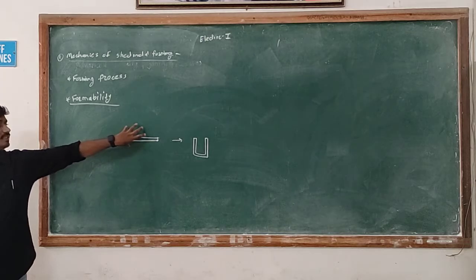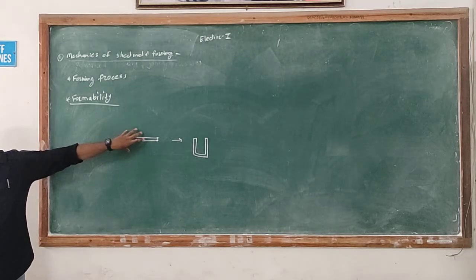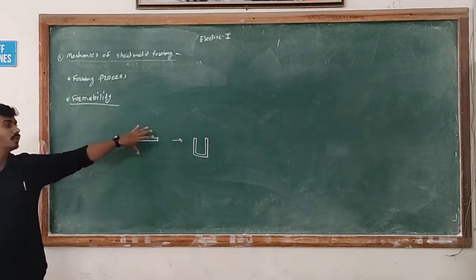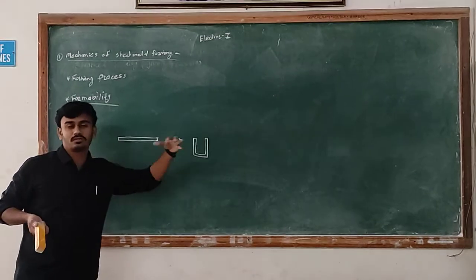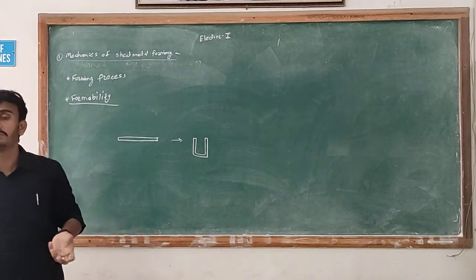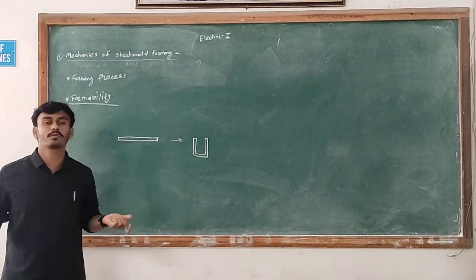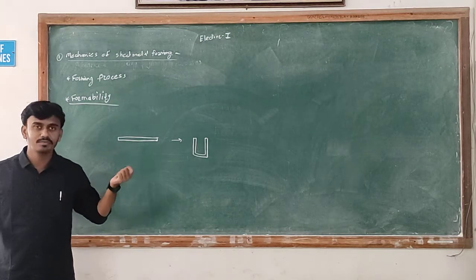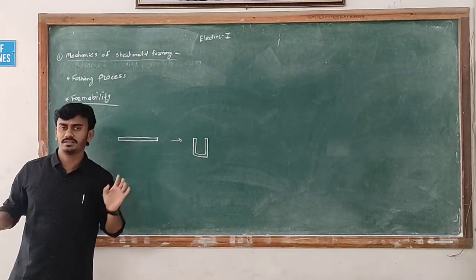Suppose this is made up of iron, and when we apply some forming process or manufacturing process on it, it will convert into this shape.